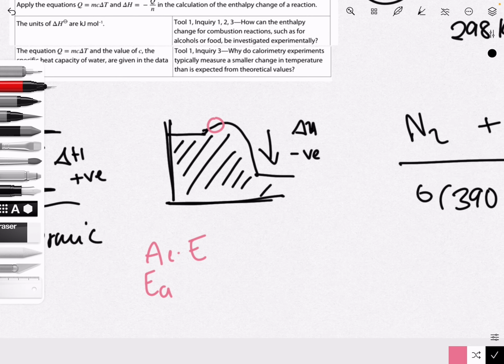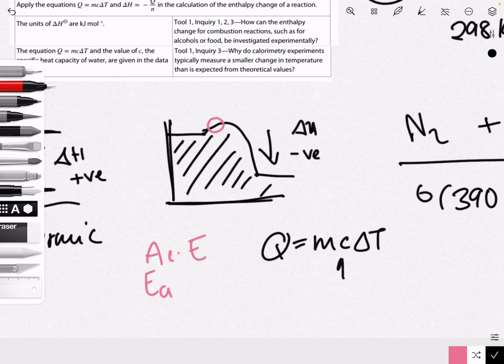Q equals m c delta T. Here, Q represents your energy in joules, m stands for mass, and delta T is simply the change in temperature in Celsius or in Kelvin, because it's the same thing. To calculate this, you stick your values in and then you get a nice little value out.